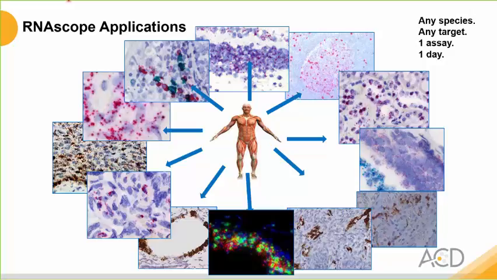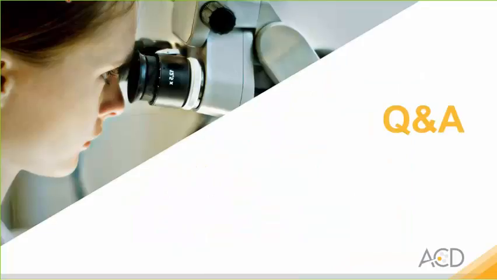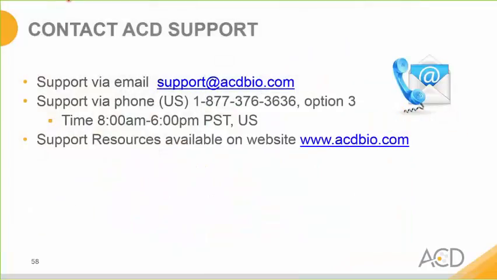So protease pre-treatment, we can either increase that or decrease that depending on the background that you're observing, and we can also adjust some of the other pre-treatment conditions, including heating. And so that's something where I would urge you to reach out to our customer support team. I just put up the contact information on the screen, and we can help you work through that issue with your negative control probe having a higher signal than you'd like.